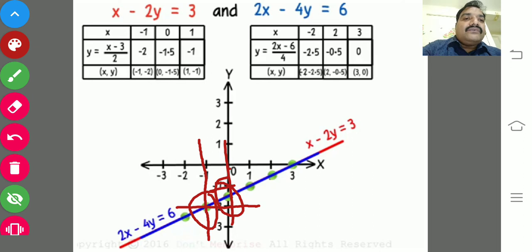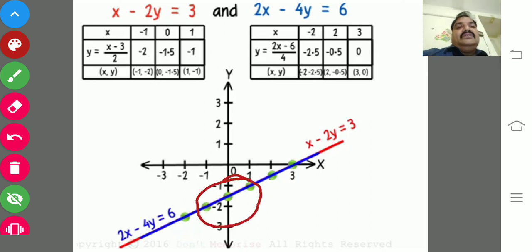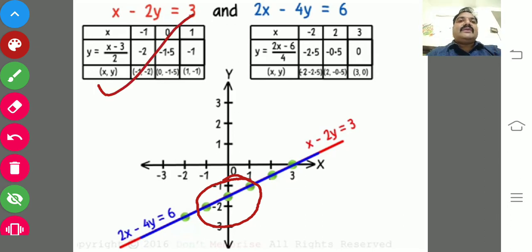And minus 1, 1. Where is minus 1? Here. And 1, minus 1, sorry. 1, minus 1. Where is 1? Here. And minus 1 is here. See, these three, what I circled here, the 3 points are related to x minus 2y equals 3.